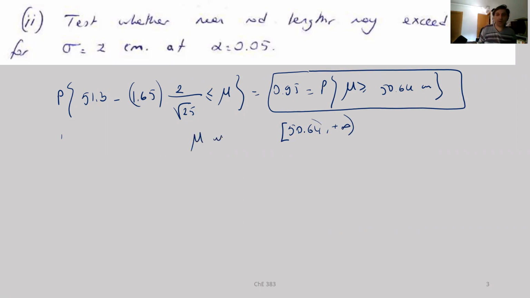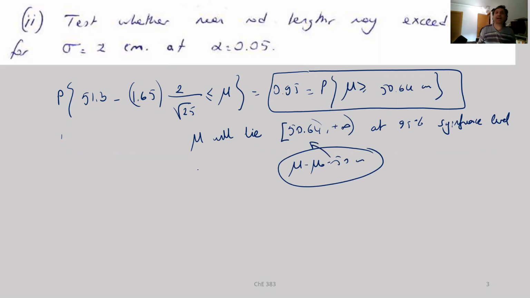So mu will lie here at the 95% significance level. And since this does not contain mu0 equal to 50 centimeters, we are going to reject the null hypothesis, and we are going to say that we have evidence to support that mu is greater than 50 centimeters.